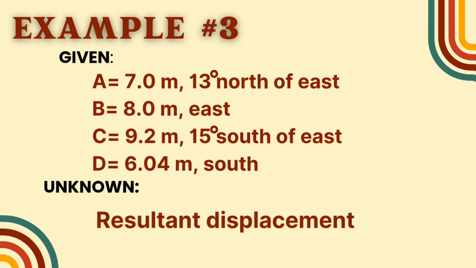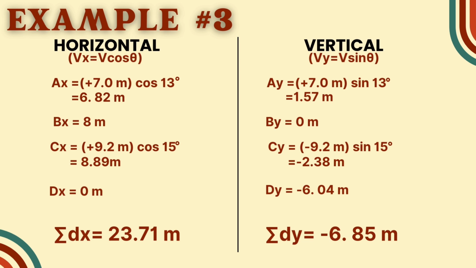For our third example, A is equal to 7.0 meter 13 degrees north of east, 8.0 meter east, 9.2 meter 15 degrees south of east, and 6.0 meter south. For our Ax is 6.82 meter, Ay is 1.57 meter, Bx is 8 meter and By is 0 meter, Cx is 8.89 meter and Cy is negative 2.38 meter, Dx is 0 meter and Dy is negative 6.04 meter.